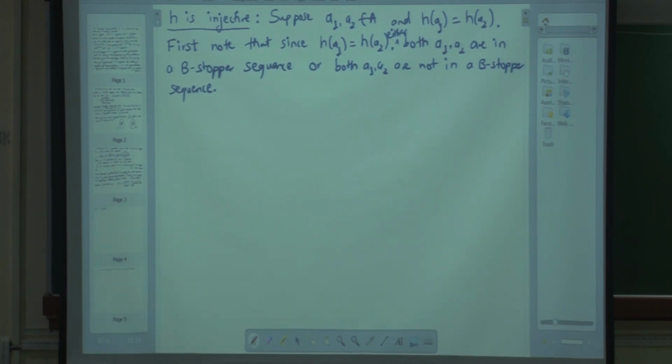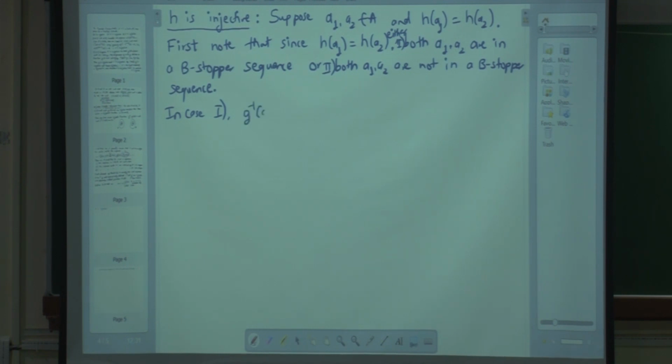So if they are both in a B stopper sequence, then what can we use to prove injectivity? Let me call this case 1 and this case 2. So in case 1, what will be h of a1 if they are in a B stopper sequence?